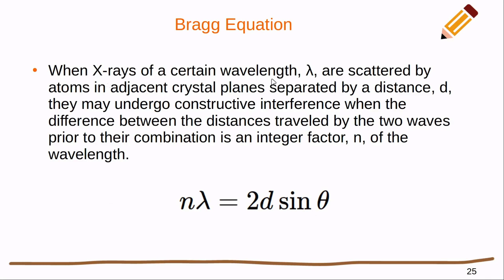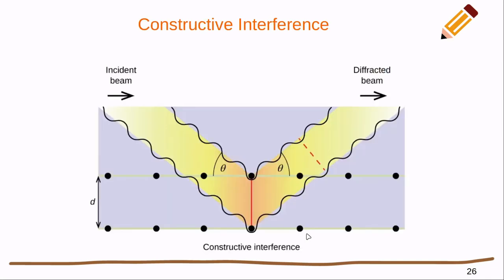But when X-rays of a certain wavelength, so that's going to be lambda here, are scattered by atoms in adjacent crystal planes separated by a distance d, they may undergo constructive interference when the difference between the distances traveled by the two waves prior to their combination is an integer factor n of the wavelength. Well, that's kind of complicated, so let's take a look at a picture.